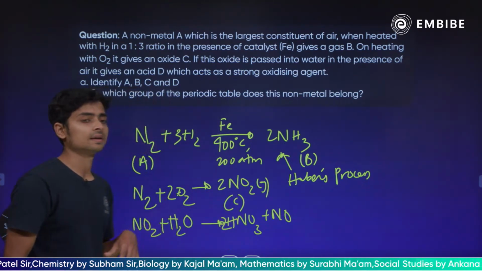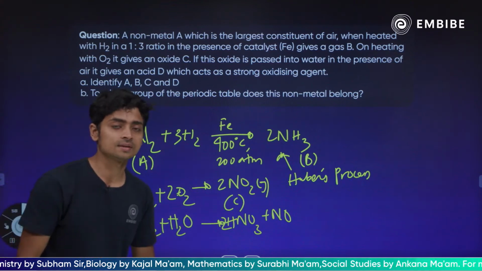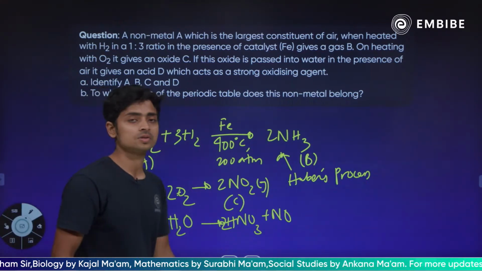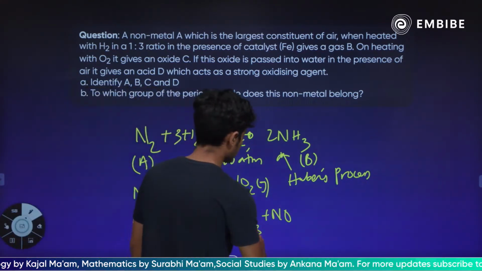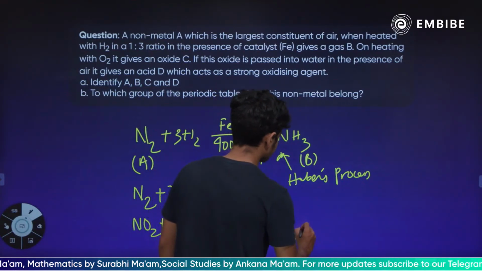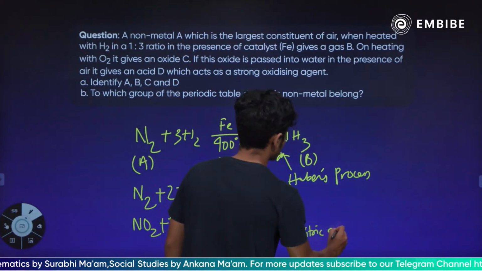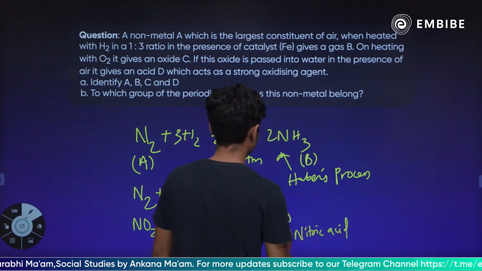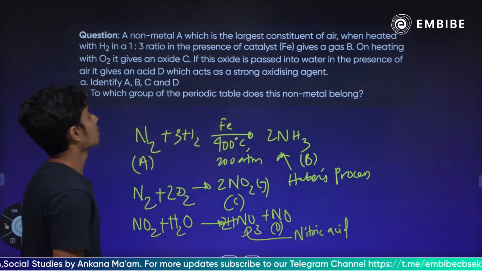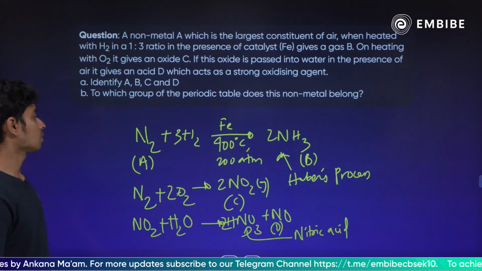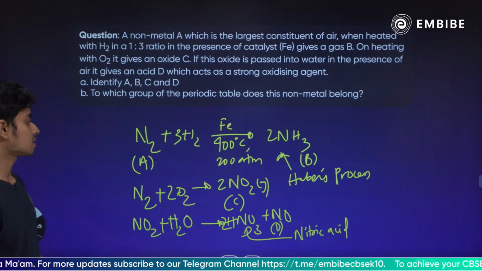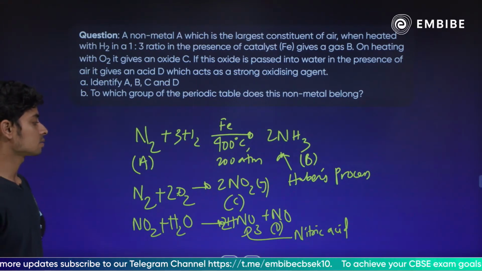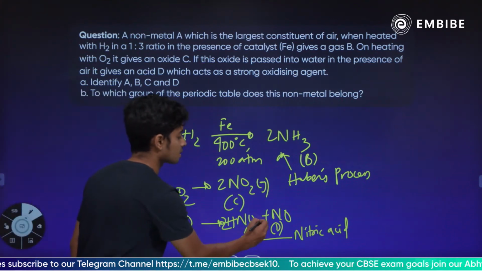HNO3 is a highly oxidizing agent, it oxidizes substances, so it provides oxygen. This is my nitric acid, which is my D. So A is nitrogen gas, B is ammonia gas, C is nitrogen dioxide gas, and D is your nitric acid.